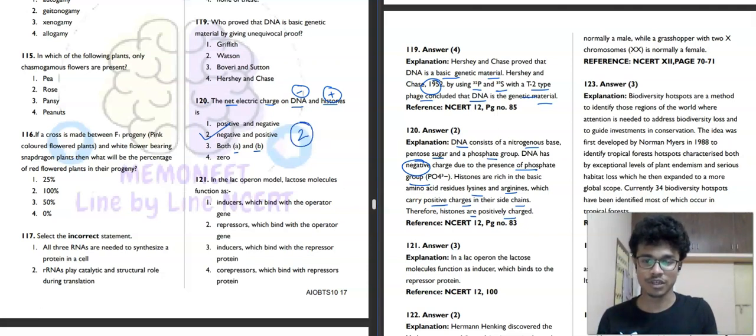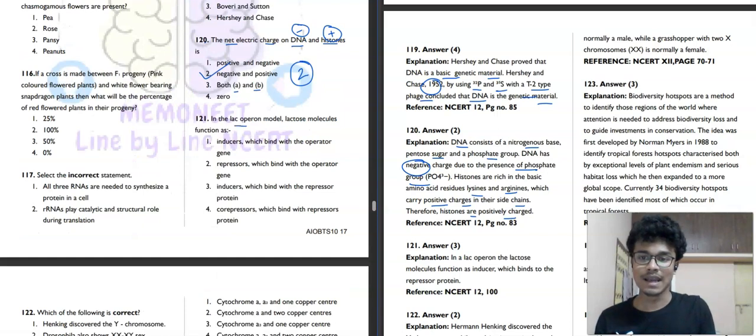Moving toward the next question, 121. In the lac operon model, lactose molecules function as inducer which binds with the operator gene, repressor which binds with the operator gene, inducer which binds with the repressor protein, or co-repressor which binds with the repressor protein. So in the lac operon, the lactose molecules function as inducers and bind to the repressor protein.